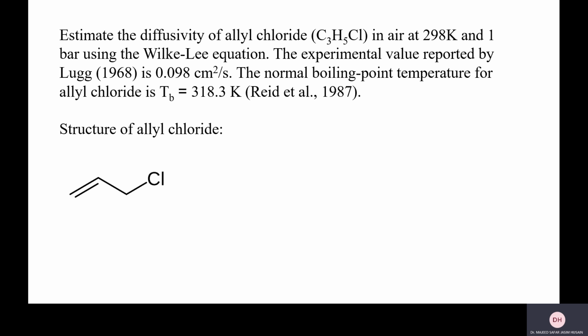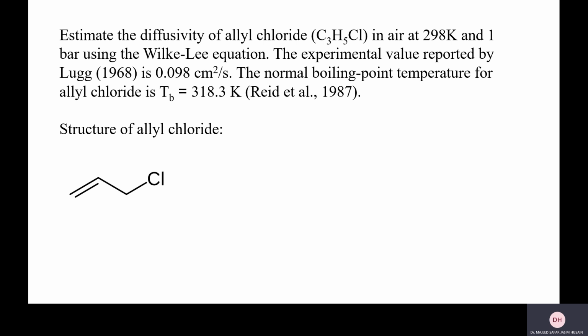Calculate it yourself. It should be 76.5. So you calculate it. If you don't know any one of them, go to the periodic table and find the values. But the molecular weight of your allyl chloride should be 76.5.